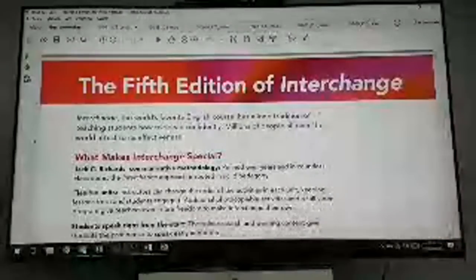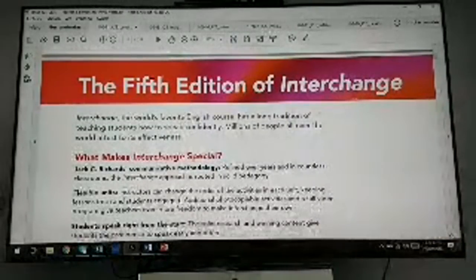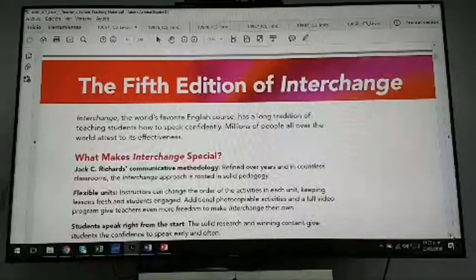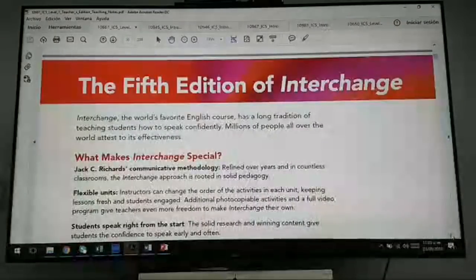As I said, Jack Richards is the author of Interchange. He has developed a communicative methodology which has been refined over the years. It allows people to understand and use the English language in a good way. Interchange has flexible units.